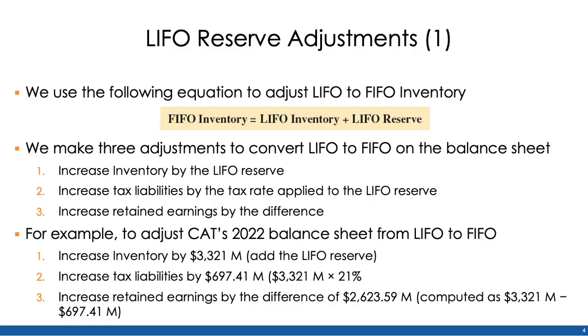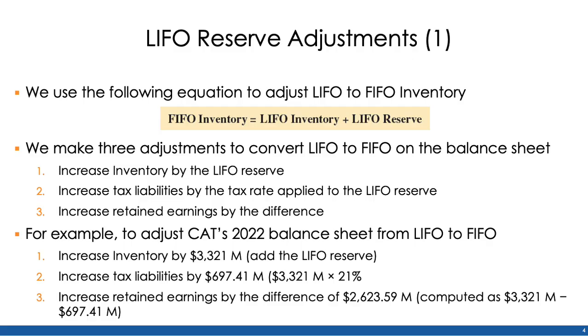You have to increase the inventory level by the amount of your LIFO reserve. You have to increase your tax liabilities by the tax rate applied to that LIFO reserve. In other words, what would have been the appropriate level of tax the company would have paid had they used FIFO. And finally, you have to adjust retained earnings by the difference. All right?